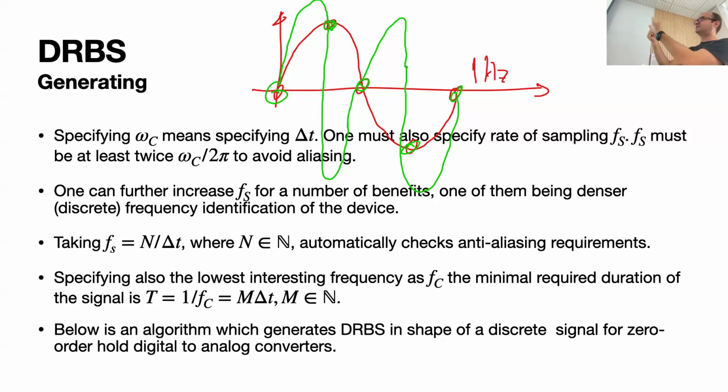Otherwise, I cannot distinguish. If I sample only the red points, I cannot distinguish whether it is the red signal or the green signal, because both of them pass through these points. And this is the case where this Nyquist comes from. You have to sample twice as much as the frequency you would like to see. Otherwise, you cannot distinguish it.